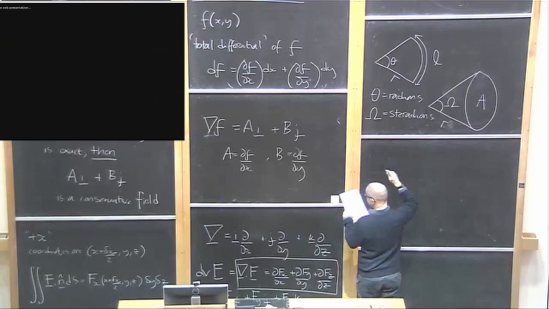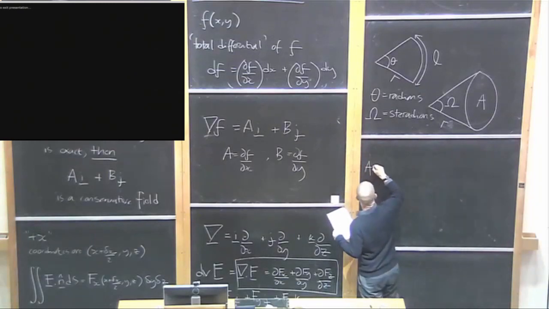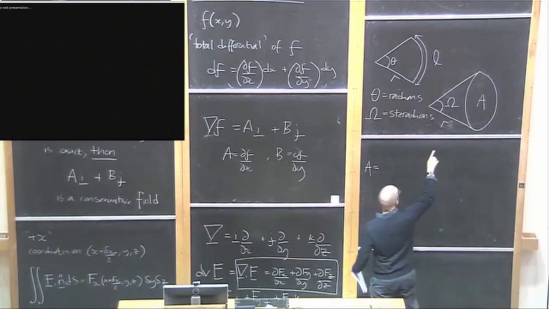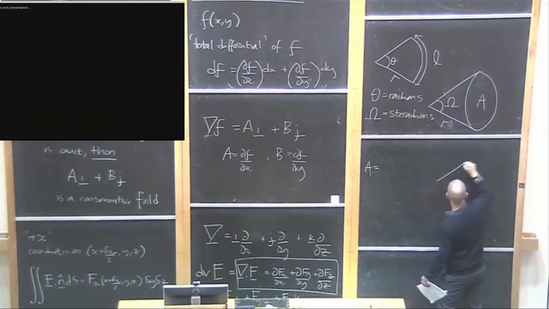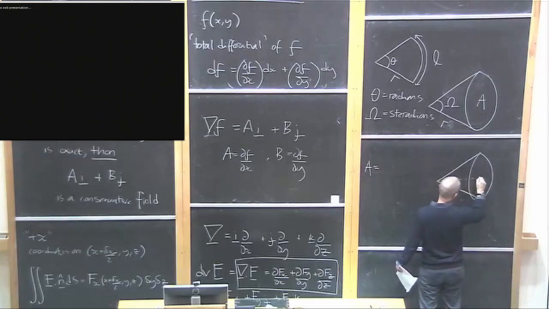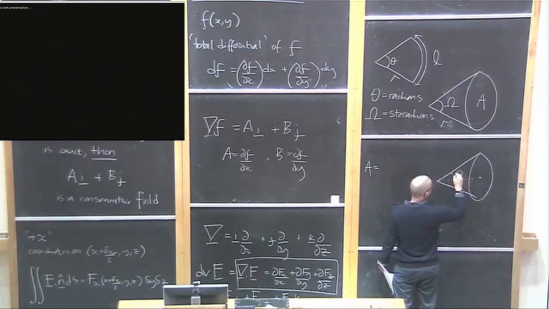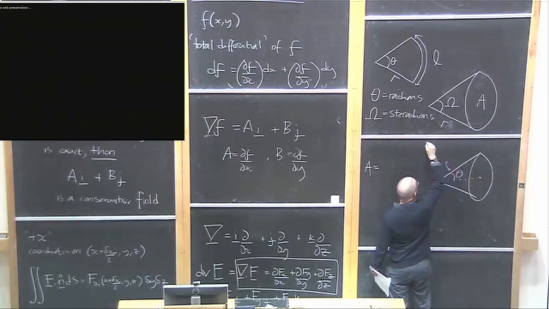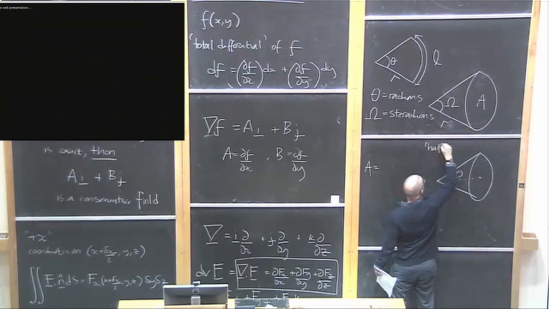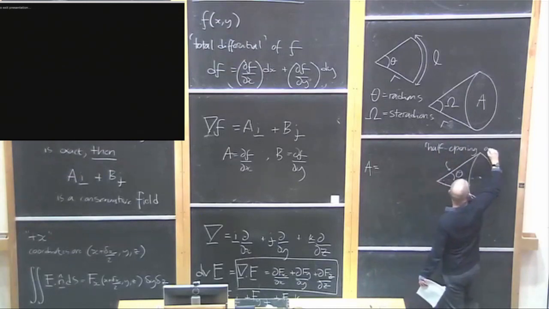So just as a quick exercise to make sure that you understand some of the basic properties of this, you should consider the case where you have some solid angle. Here's the line that connects my origin to my center point. This angle here, theta, we call the half opening angle.